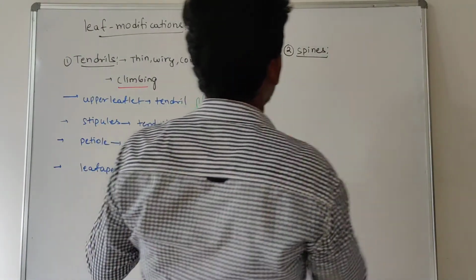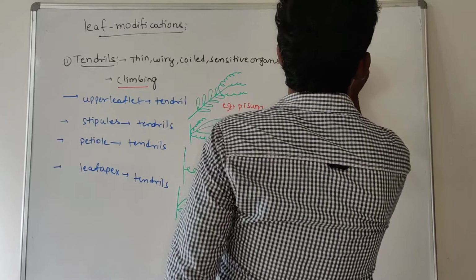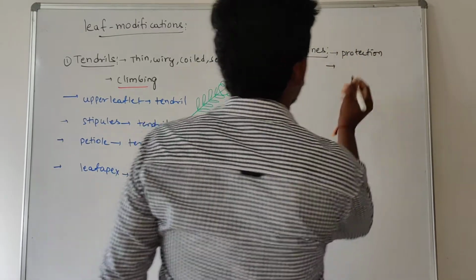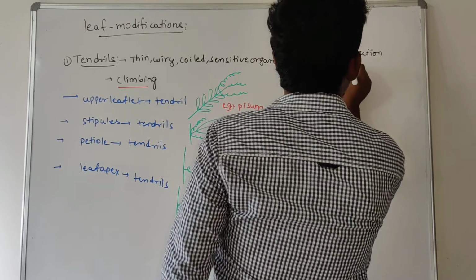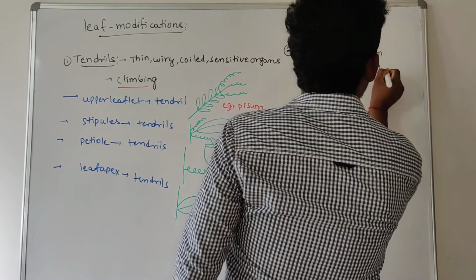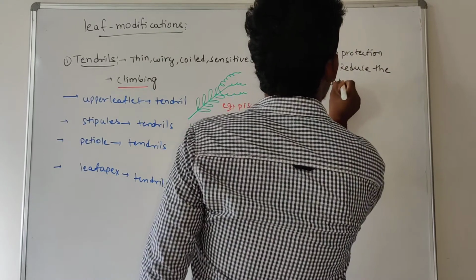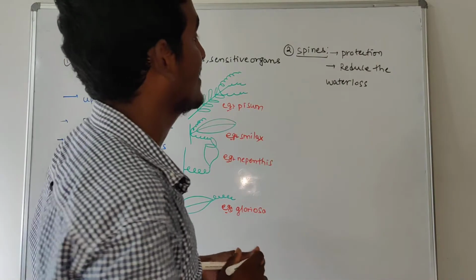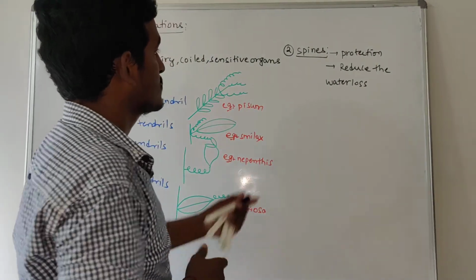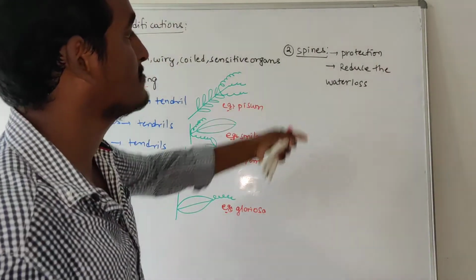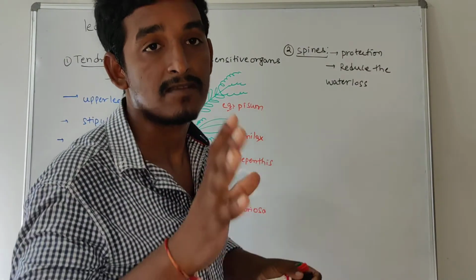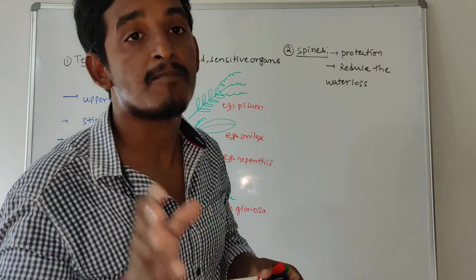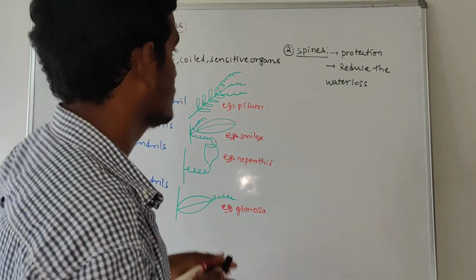So what are the functions? It helps in protection, and along with that it helps in reducing water loss, because those are present in drought conditions. In spines also, sometimes some portion of the leaf may be modified into spines, or the entire leaf may be modified into spines.